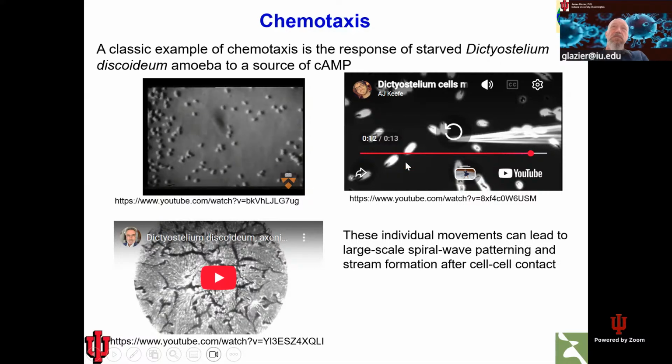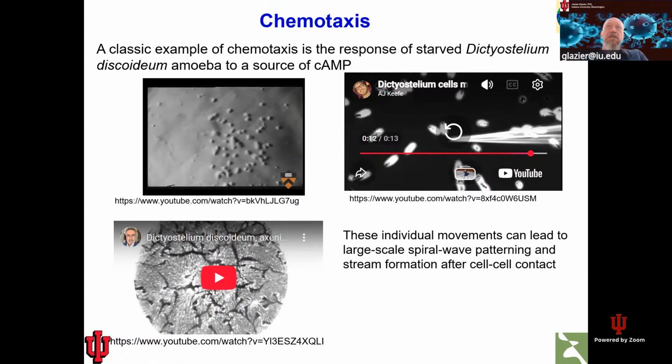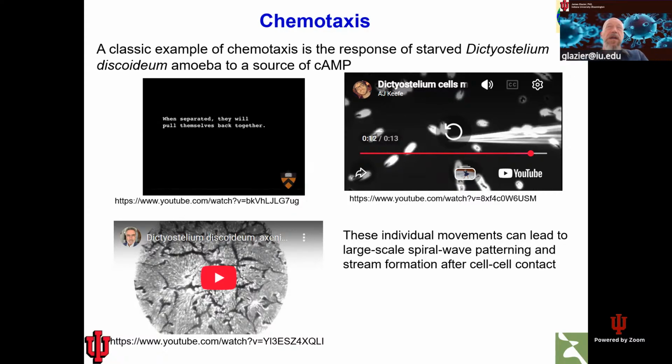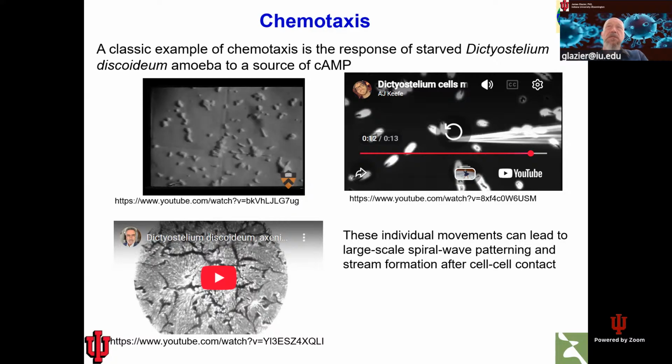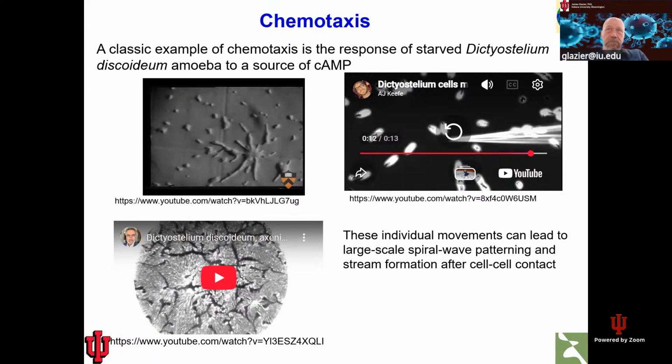So here the cells by themselves are moving randomly. Then they start sending signals to each other to cause them to aggregate. Once they aggregate, they stick to each other. And you see them flowing in and forming an aggregate, and that aggregate as a whole will then migrate.